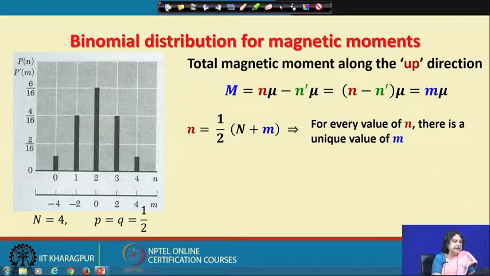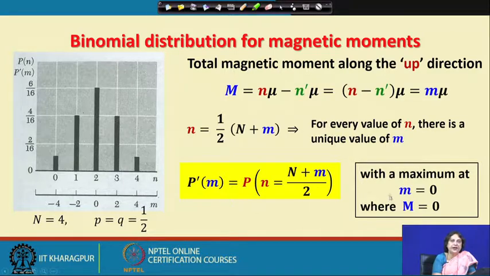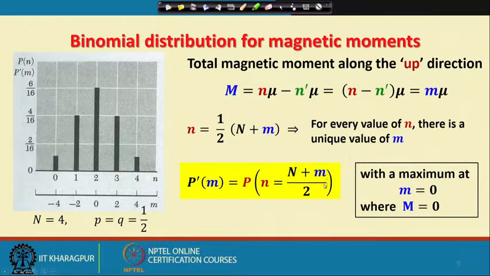So this relationship is valid. The probability distribution associated with the value of m is nothing but the probability distribution associated with those values of n where small n is equal to capital N plus small m divided by 2.